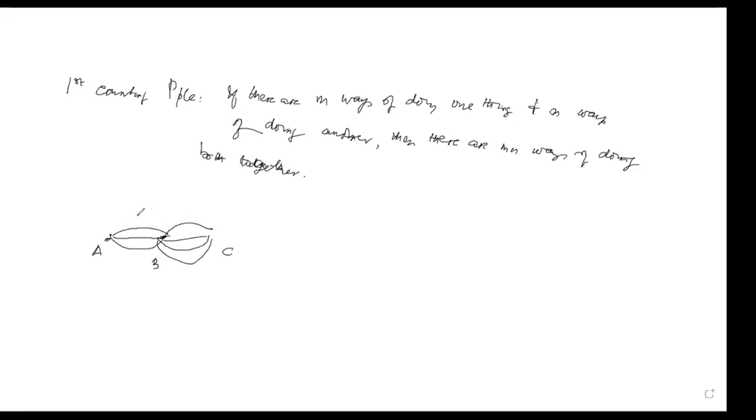You'll see that there are 3 roads here, 4 roads here. The logic is, if I choose any one of these roads, you got 4 ways in which you can get to C.